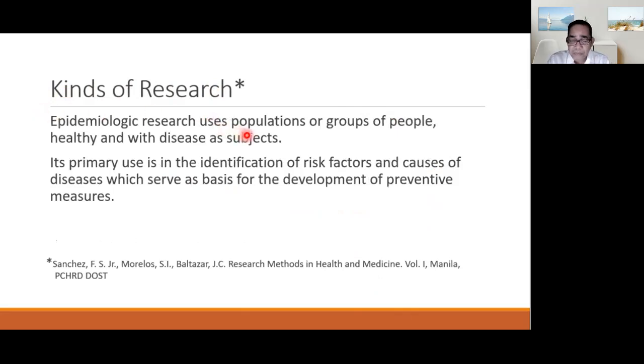And it uses the population or groups of people, healthy or with the disease, as subjects. And its primary use is identification of risk factors, causes of diseases that serve as basis for the development of preventive measures.